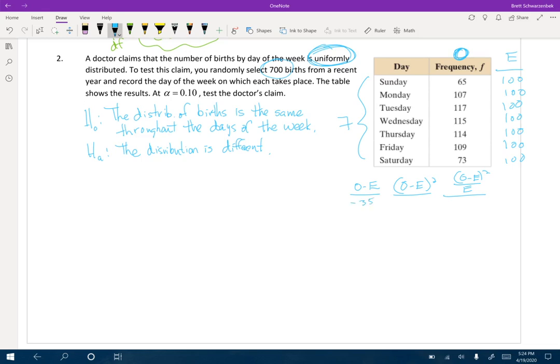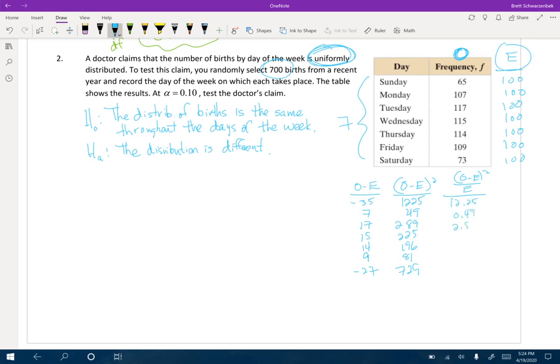Next one is 107 minus 100, which is 7. And if we fill them all in for the 7 days of the week, we get this. If we square each one of those values in that column, we get the following values, and if we take all of those and divide by our expected counts, we get 12.25 and so forth throughout the process.